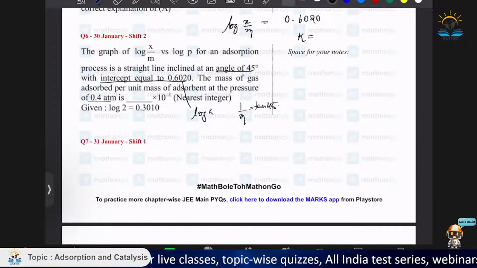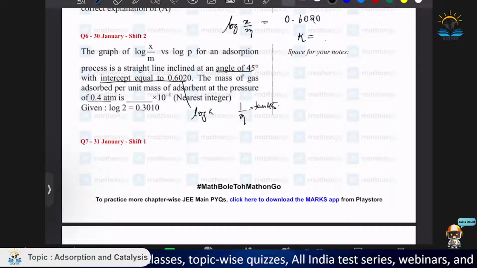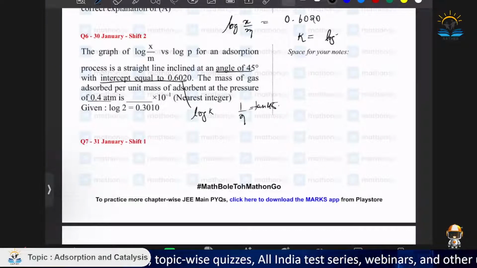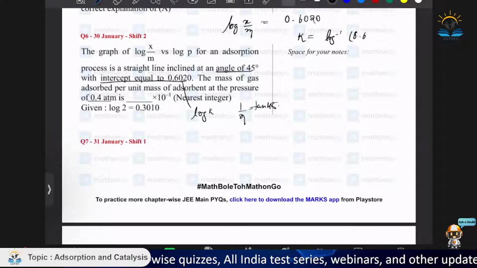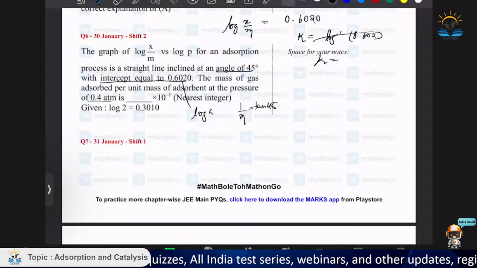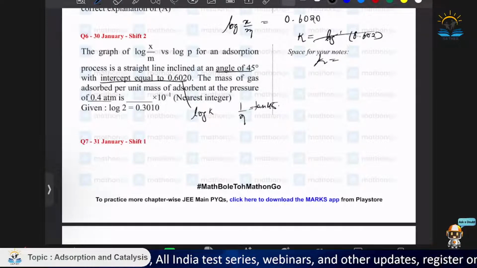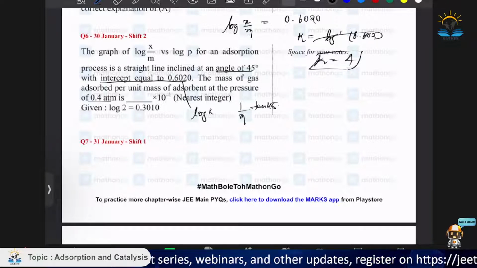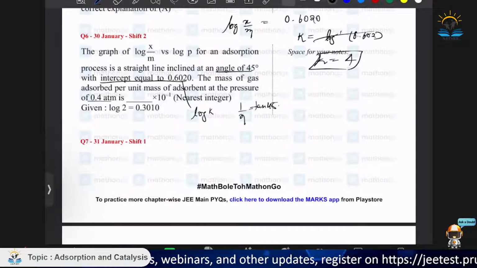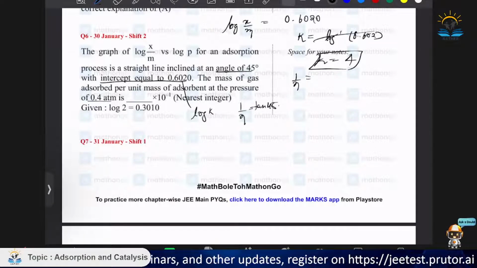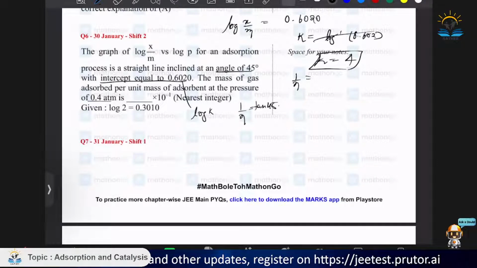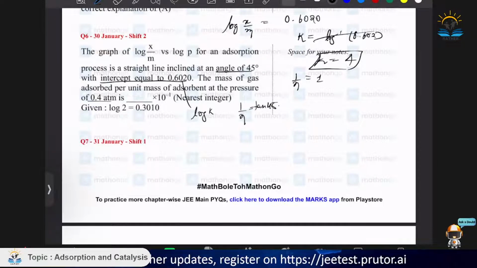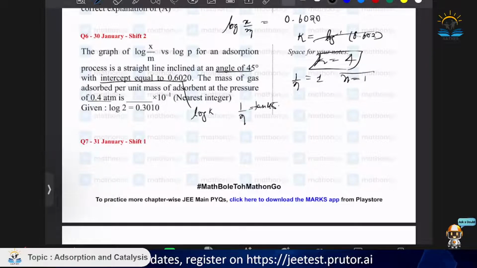So k is equal to antilog of 0.6020. That is k is equal to 4. This we can say angle of 45 degrees. So 1 by n is equal to tan 45, tan 45 is 1. So n is equal to 1.